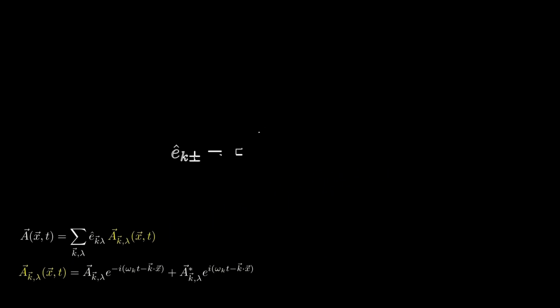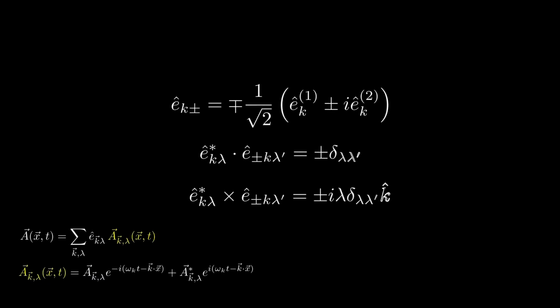Then e hat k lambda is given by the following. Here, lambda equals plus or minus is the polarization state, and e hat k1 and 2 are the linear unit vectors perpendicular to k. With these definitions, one can show the following properties, where we have introduced the delta function, which is 1 if lambda is equal to lambda prime and 0 otherwise.